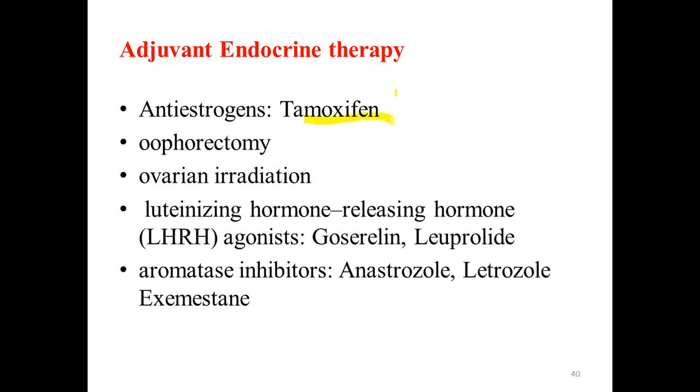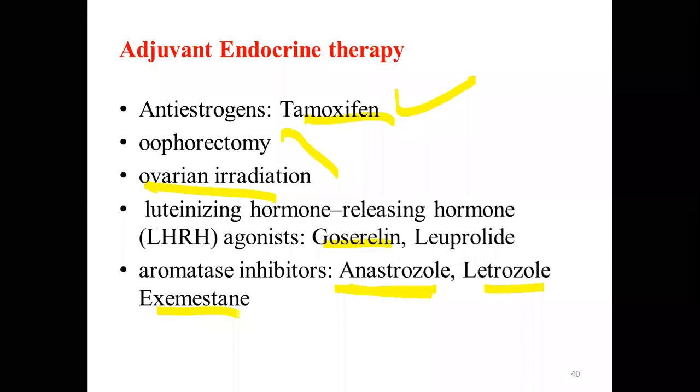Anti-estrogen, tamoxifen is the gold standard, but we also have a surgical component, ovarian ablation or radiation, so that the ovary will not produce estrogen. We also have luteinizing hormone-releasing hormone agonists, and also aromatase enzyme inhibitors: anastrozole, letrozole, and exemestane, all of which are available locally.